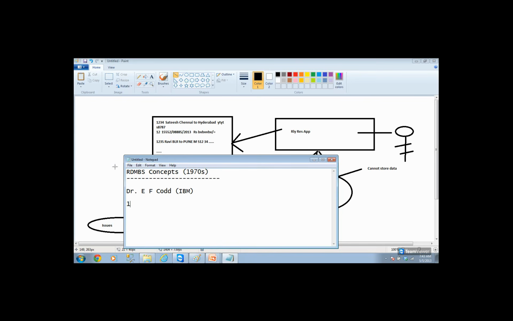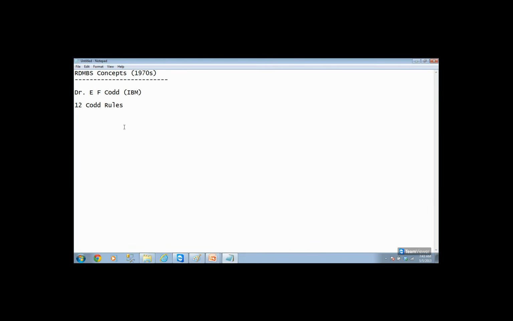He developed some rules. All those rules are known as Codd rules, and these rules are mandatory to implement or create an RDBMS system. Using the RDBMS concept, many companies developed many software products.